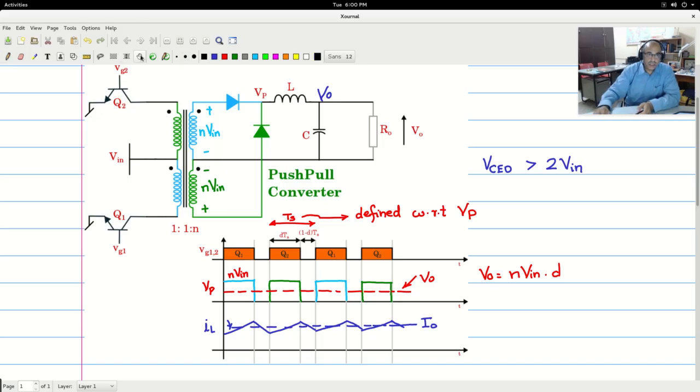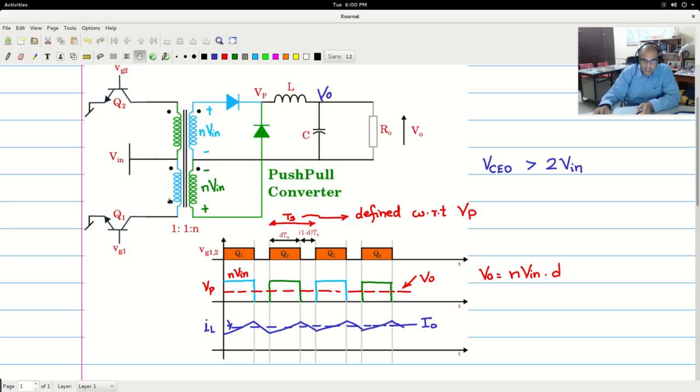So you see here, when Q1 is on, this is Vin, the dot is positive Vin, and the non-dot end is connected to the ground. Now assume Q1 switches off. The moment Q1 switches off, there is a reversal of polarity.